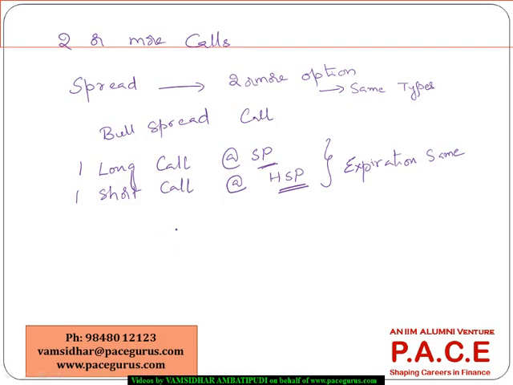We are calling them bull call spread strategies. Typically the way we can operate is, I can create a situation where both the calls are in the money, or one call could be in the money and the other out of the money, or I can have two calls out of the money itself.